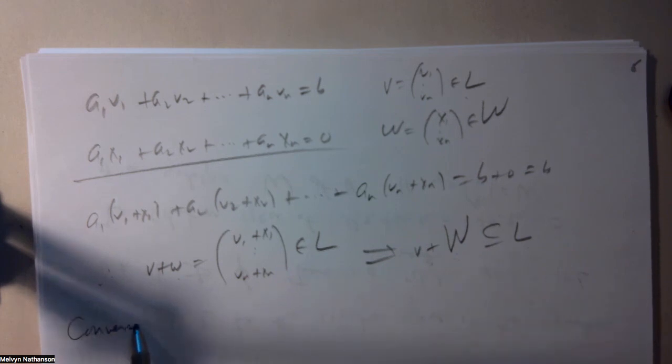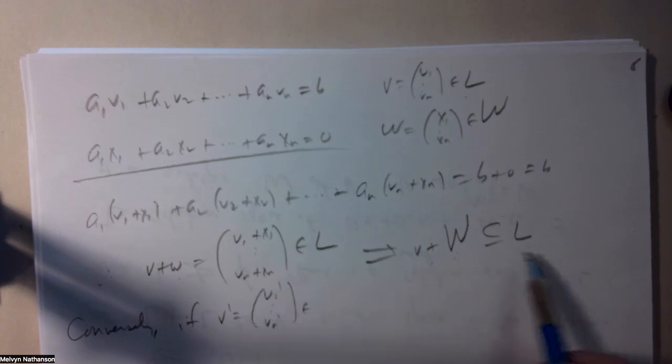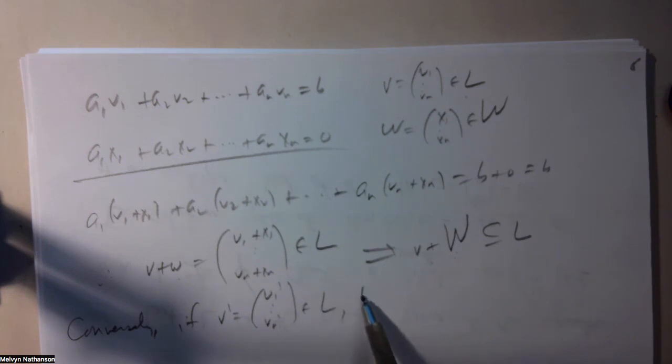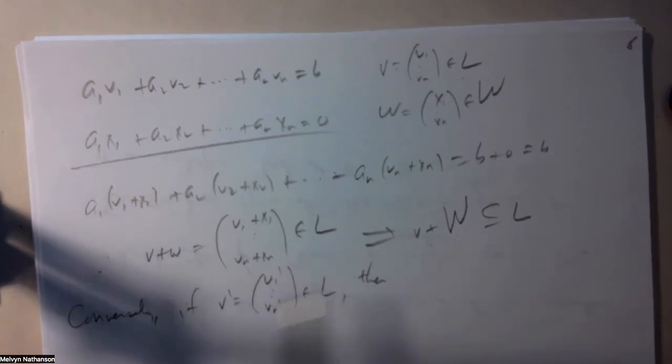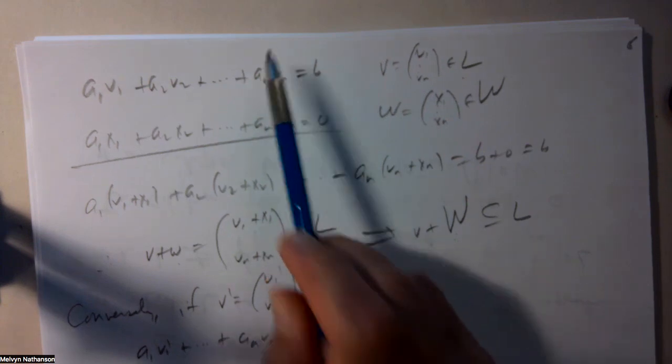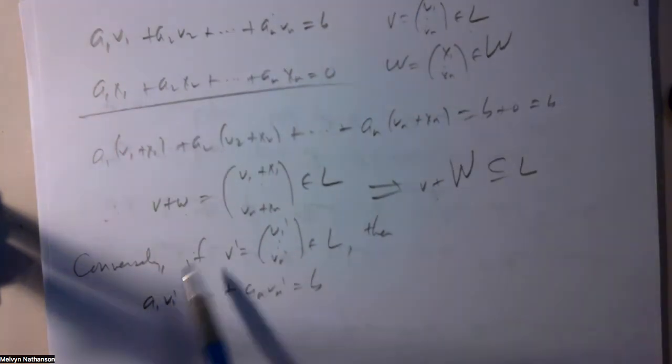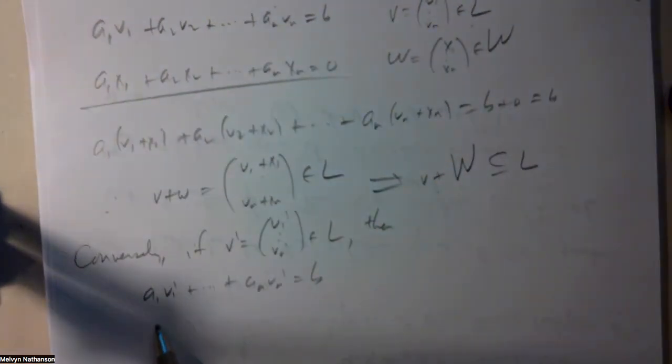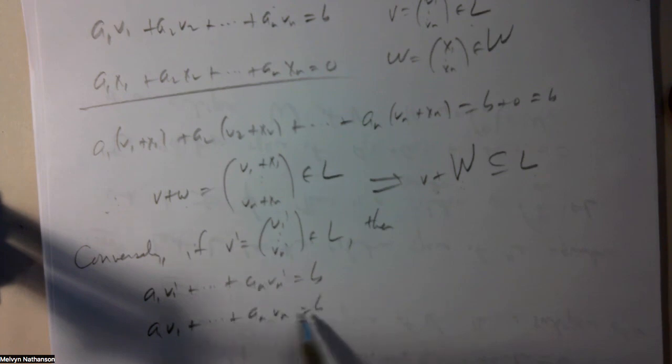Conversely, if v prime with coordinates v1 prime down to vn prime is in L, then a1v1 prime plus up to anvn prime is equal to b. This is another solution of my equation. And v was a solution, so we also had that a1v1 up to anvn is equal to b.